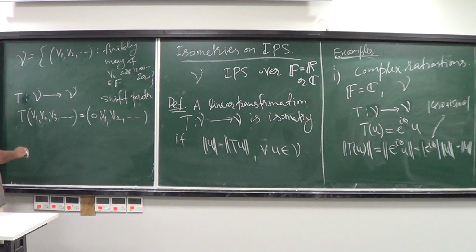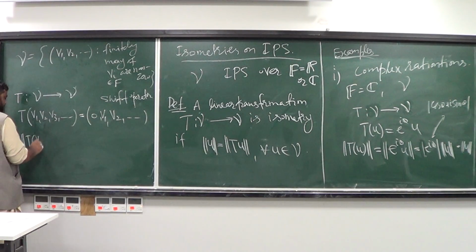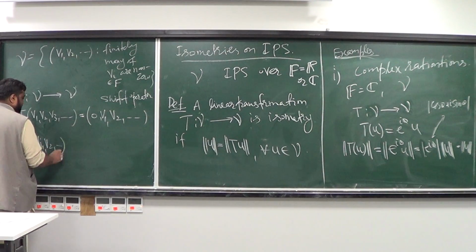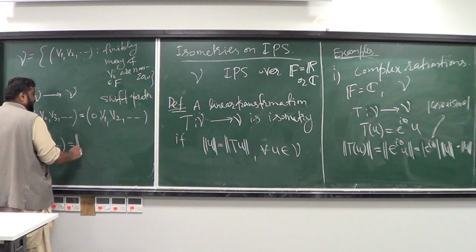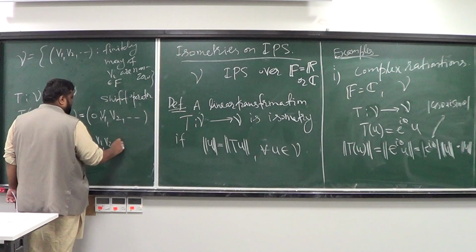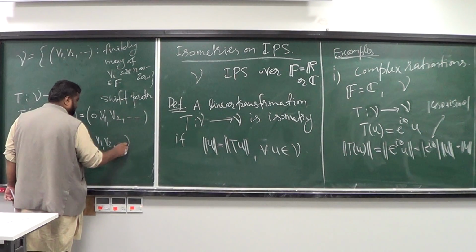Now, what would be the norm of T of (v1, v2, and so on and so forth)? This would be equal to the norm of (0, v1, v2, and so on and so forth).